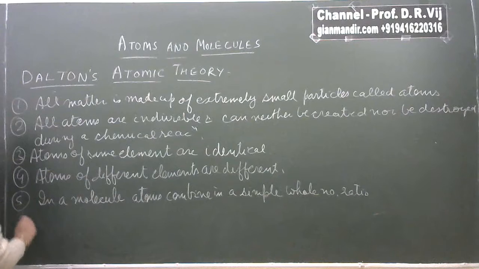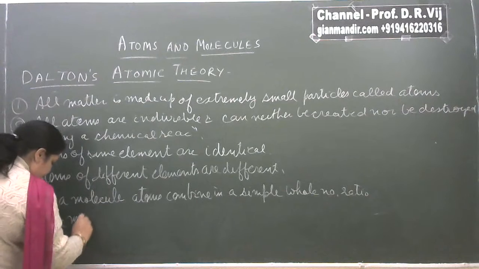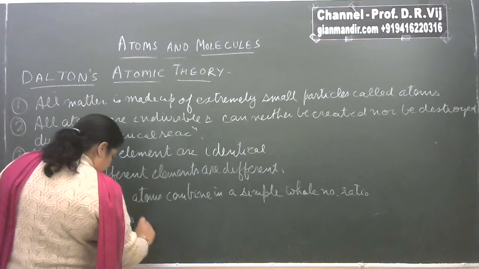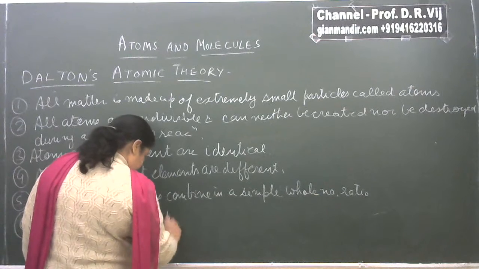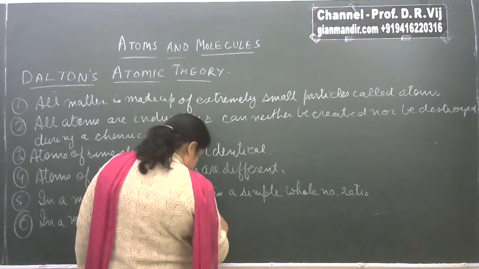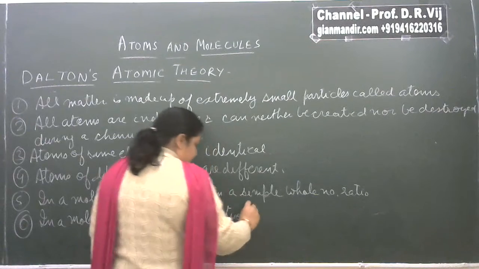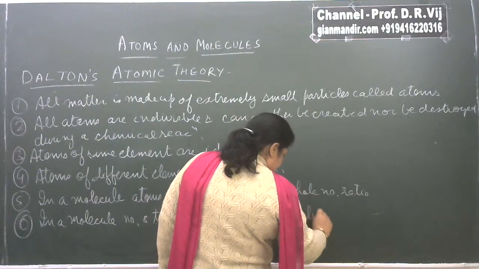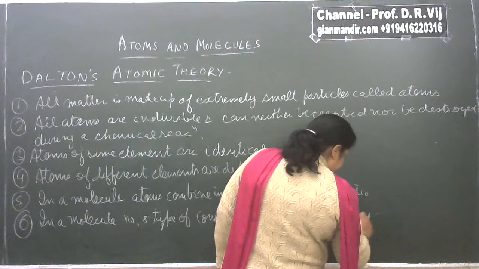Another postulate of Dalton's atomic theory is that in a molecule the number and type of constituent atoms is always fixed, right?